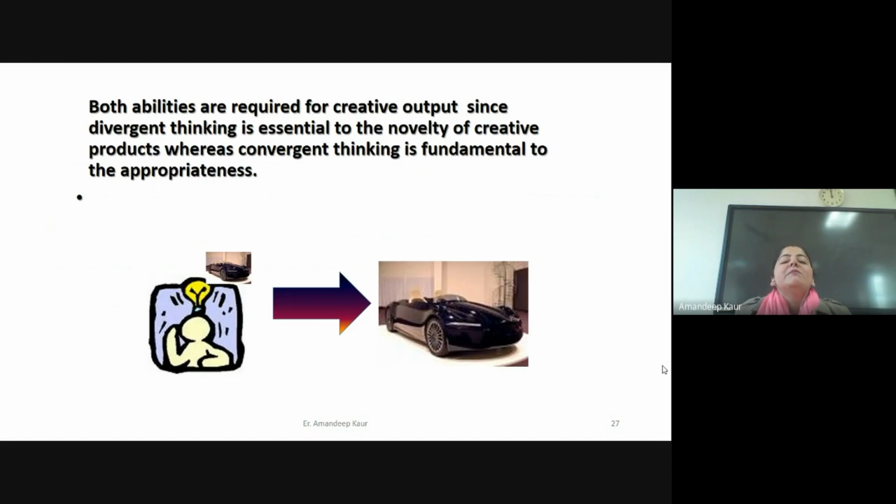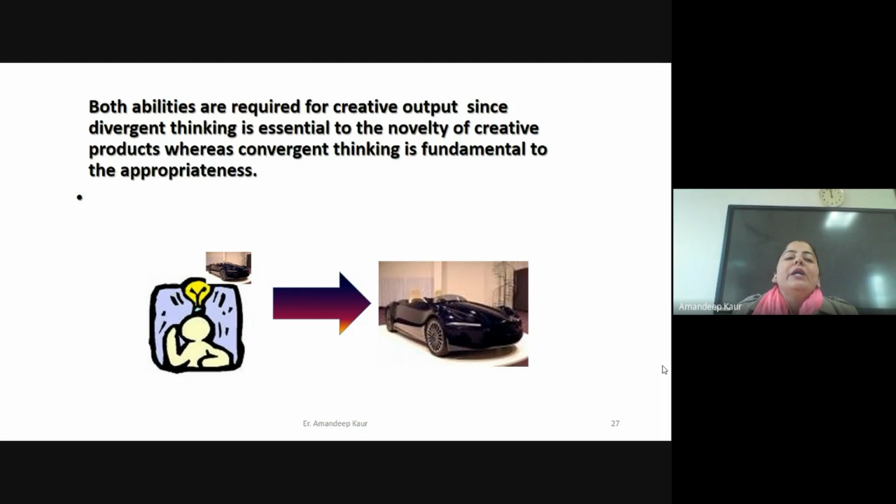So those principles, theories, facts, numerical analysis have a single fixed solution available. So the student will be able to identify the solution only if he or she thinks convergently. From the knowledge pool, they need to pick up the right answer and frame the answer for that particular problem.